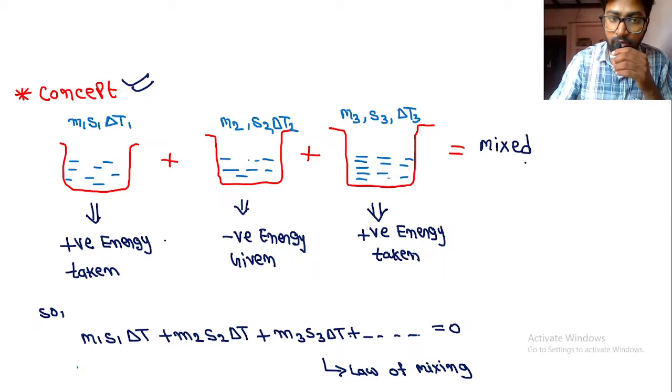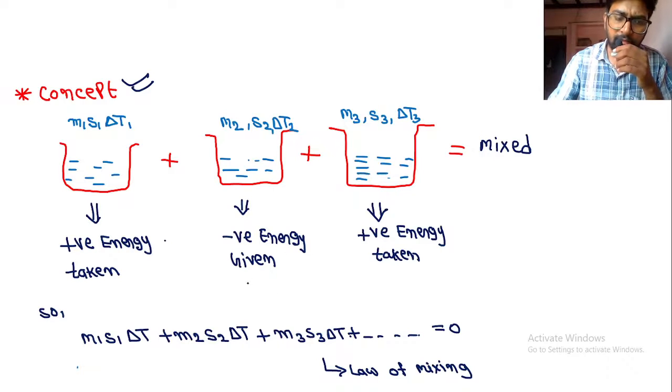If we mix all, suppose that this has positive energy, it means it has taken energy. This has negative energy, it has given energy to vessel number 1 and vessel number 3, and this has positive energy, it has taken from vessel number 2.